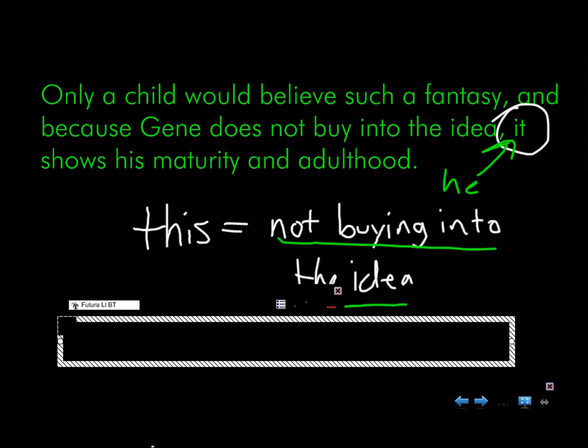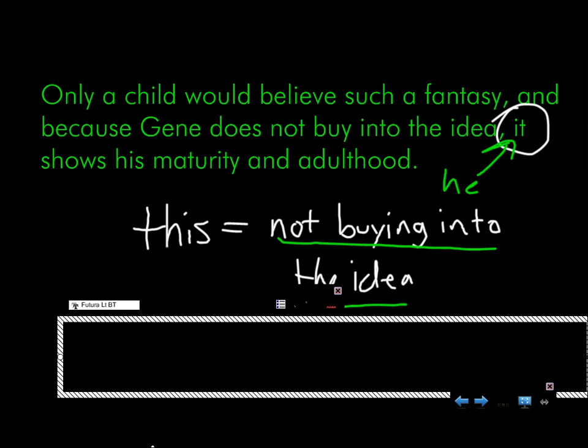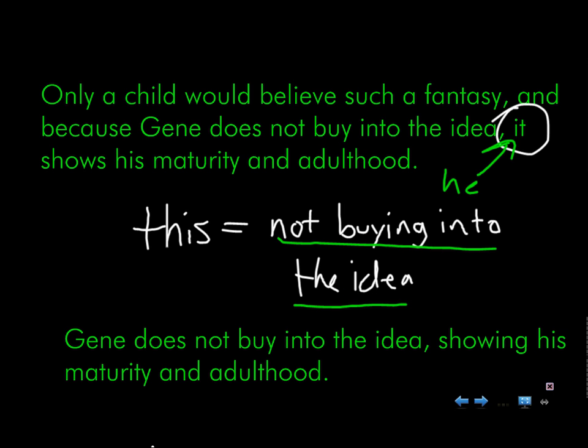Showing his maturity in adulthood. Ooh. Where else could that phrase, showing his maturity in adulthood, go? Yeah, it could go right in front of Jean, or it could even go right after Jean.